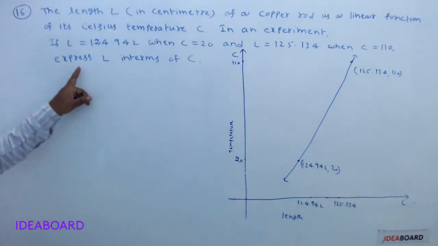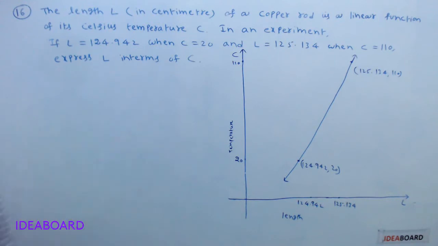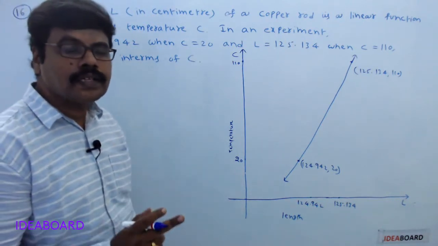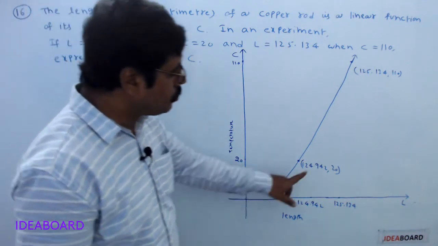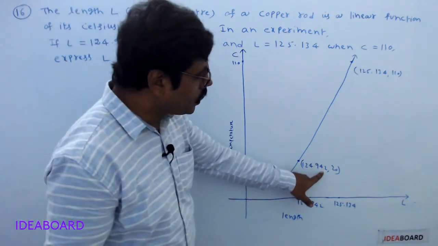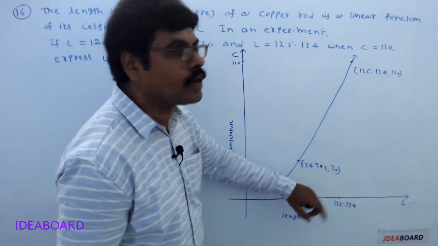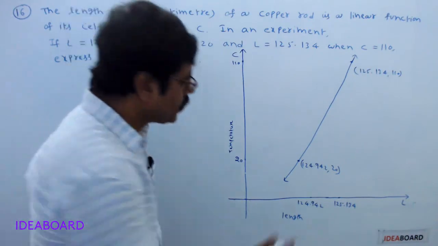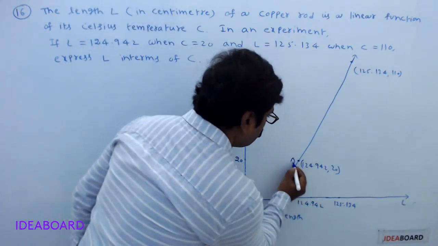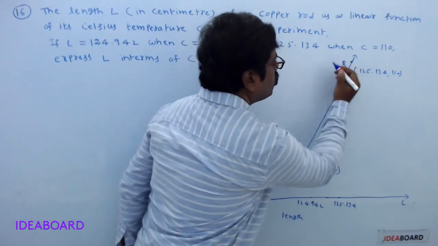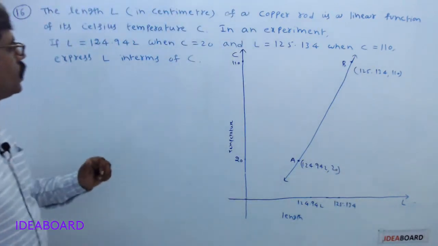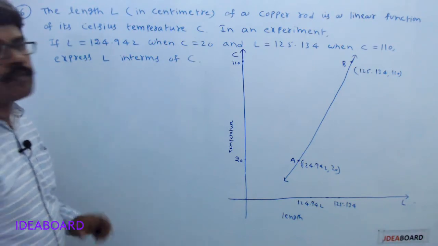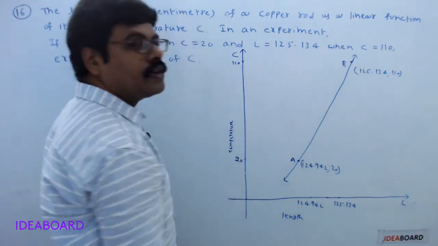Now here we need the value of L in terms of C. So the required relation is the equation of a line passing through the points (124.942, 20) and (125.134, 110). Denote this point with A and this point with B. So we need the relation between L and C. The required relation is nothing but the equation of line AB.